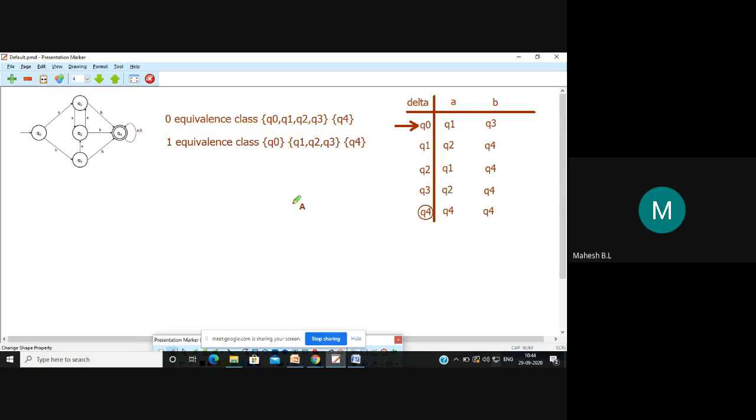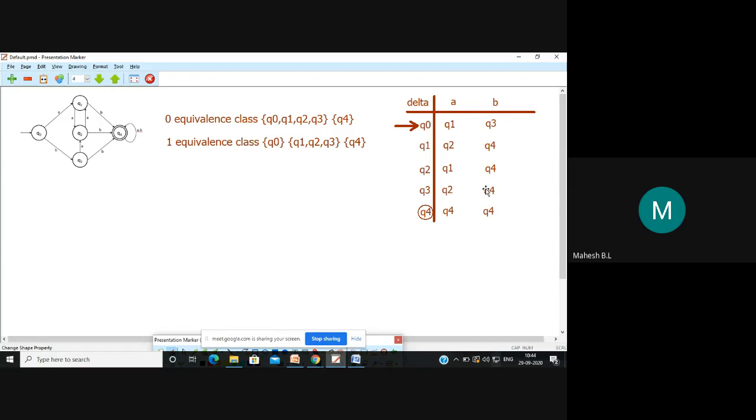Now let's consider Q1, Q2, Q3. They make transitions to Q2, Q1, Q2, which are in one class, and Q4, Q4, Q4, which are in another class. So Q1, Q2, Q3 cannot be distinguished.